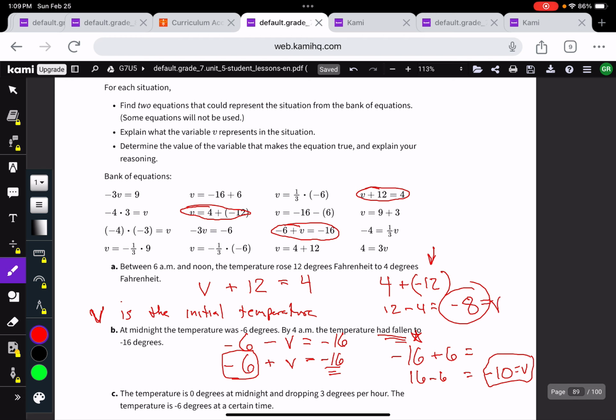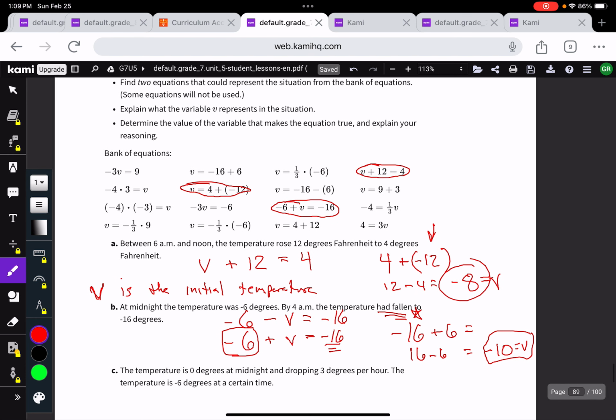So what is that negative 10? Because we have to explain what it is. At midnight, the temperature was negative 6. By 4 a.m., it had fallen. Well, guess what? V is how much the temp fell, or V is how much the temperature changed.